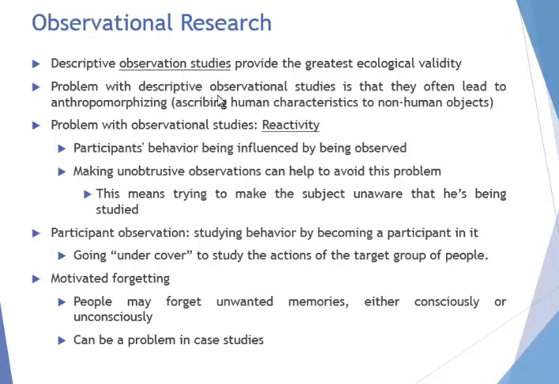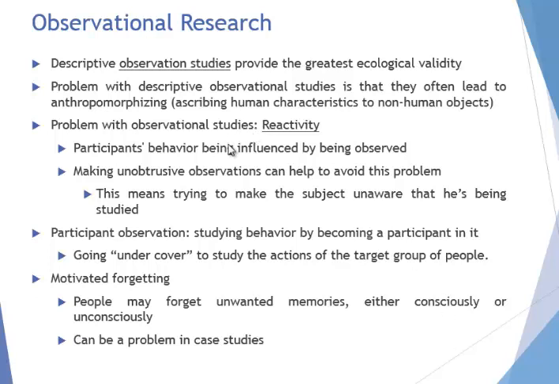The problem with an observational study is that it can sometimes lead to anthropomorphizing, which we discussed a little bit earlier, and that is studying non-human behavior, maybe animal behavior or even inert behavior. People tend to ascribe human characteristics, or at least think of things in terms of human characteristics, whereas non-humans don't necessarily have any human characteristics.